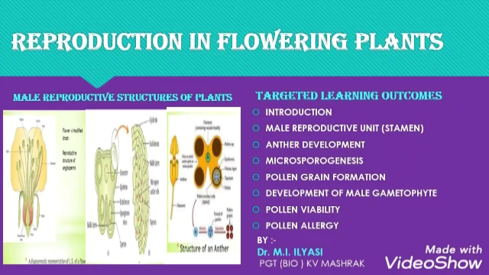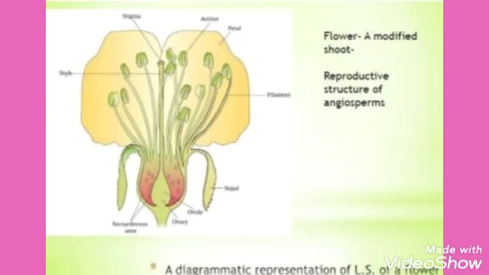A stamen is the male reproductive unit of angiosperms. It consists of an anther and a filament. The anther is bilobed and each lobe encloses 2 pollen sacs or microsporangia. Each pollen sac contains a number of pollen grains. The 4 pollen sacs lie in the 4 corners of the dithecous anther.